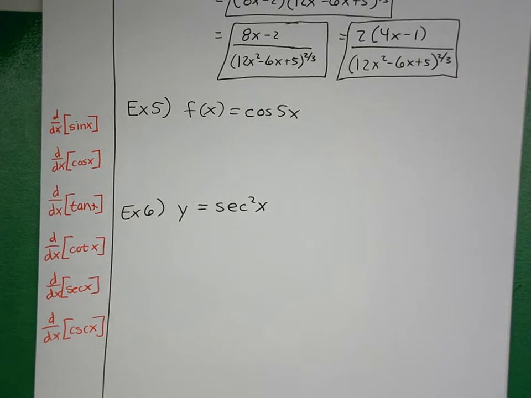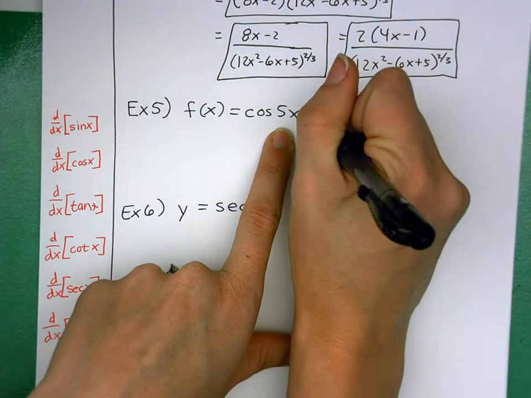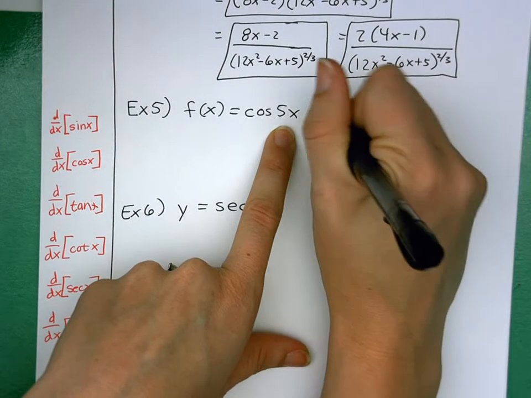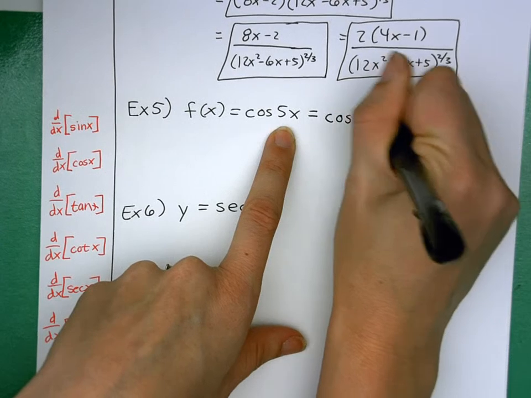And so then the goal in figuring out how the chain rule plays out is just making sure you know where the parentheses are. And that's where it's going to be really important that you pay attention to where your number is located. In example 5 here, my 5 is with the x, meaning my parentheses are around that x component.